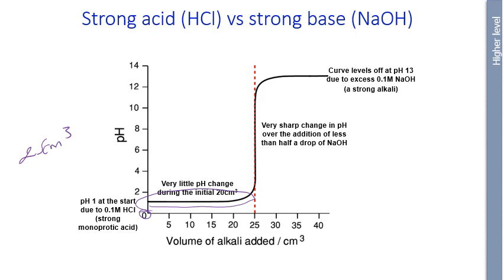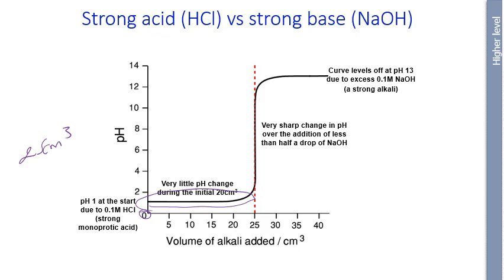Then all of a sudden, at 25 centimeters cubed of the alkali being added, there's a very quick and sharp change in the pH over the addition of less than half a drop of sodium hydroxide. Remember when you did this how hard it was to actually see that color change. It just kind of happened immediately.